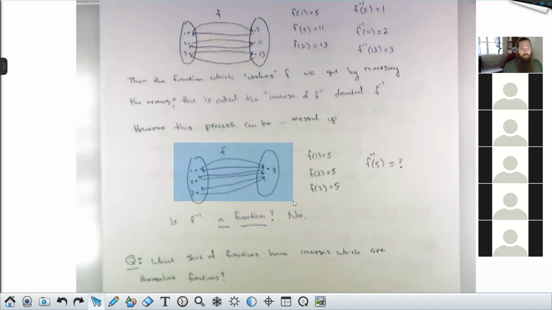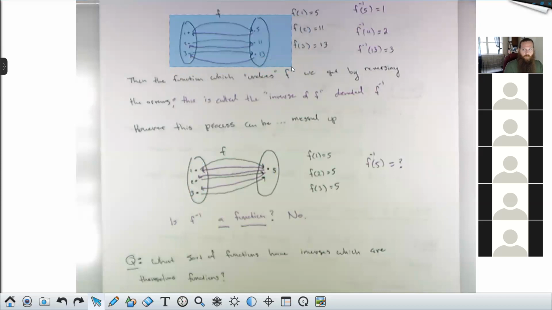So if you look, for example, at this guy, the bad function here, the original function f, the black arrows send the input 1 to the output 5, send the input 2 to the output 5, and send the input 3 to the output 5. There are 3 different inputs going to the single output here. This is called a 3-to-1 function because each output gets hit by 3 different inputs. There are 3 inputs getting mapped to the one output 5, 3-to-1.